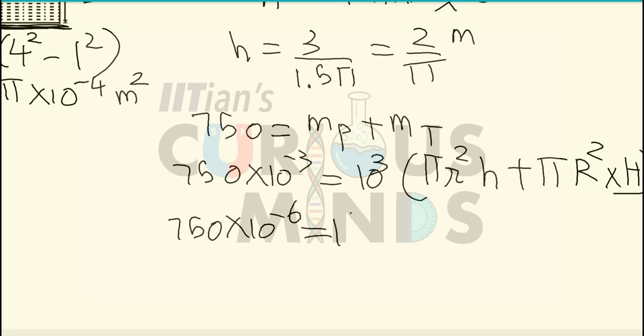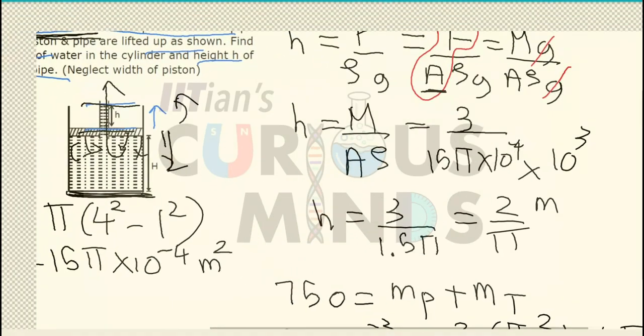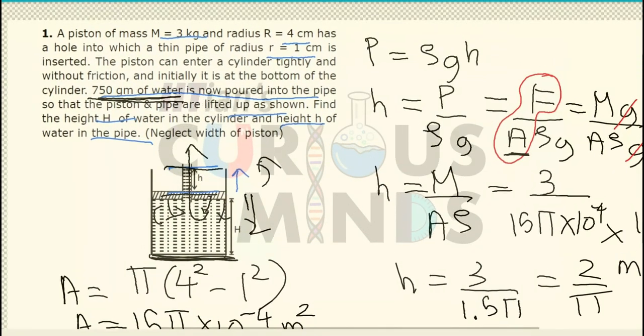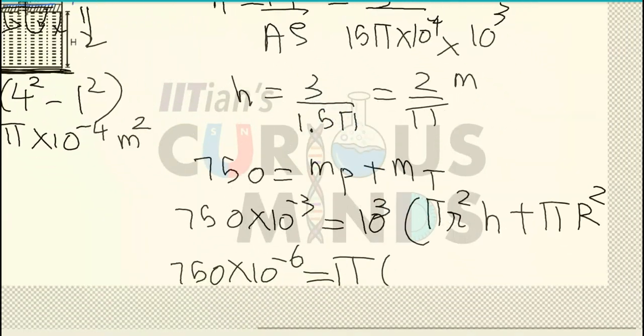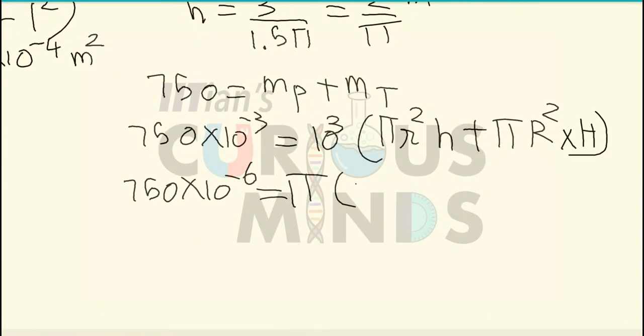I will take pi common. r square over here will be equal to the radius square. The radius of the smaller section is given as 1 centimeter, and of the larger is given as 4 centimeter. So the radius over here will be equal to 1 centimeter, which will be 10 raised to minus 4 over here, into h.